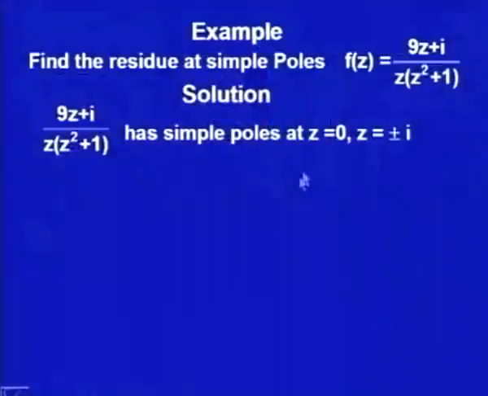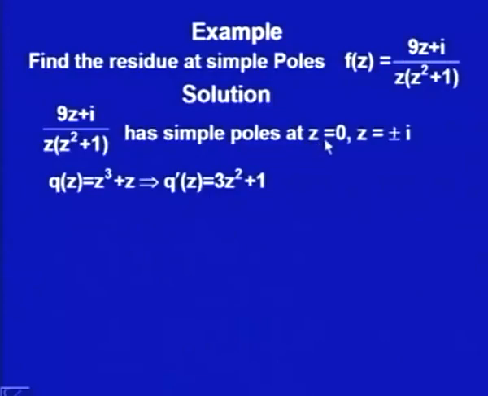We would use the formulas we just found. If I find the residue at z equal to 0, my denominator is z cubed plus z. Multiplying by (z minus z0) times f(z) is also okay, but there I have to find the limit. If I use the second method, where it is in rational form, I can use the derivative of the denominator at that pole point only, and we would get it.